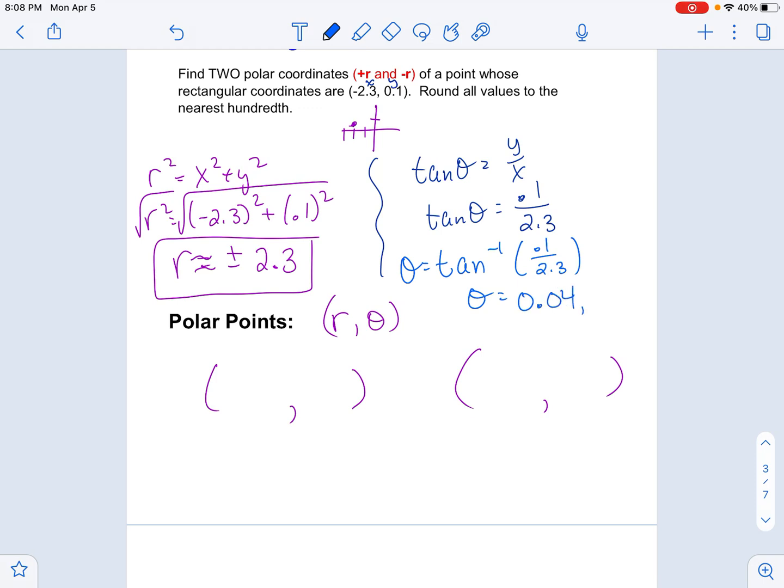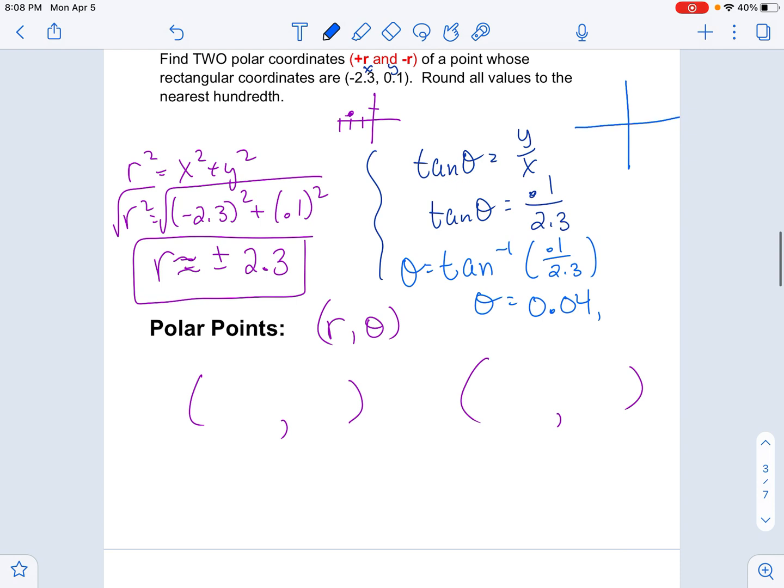0.04. Now, one of the things we have to be careful with is the sign. I'm sorry, that was a negative value. That's negative 2.3 there. So tangent is actually negative in two quadrants. Oops, I made a mistake there because I didn't use the negative sign.